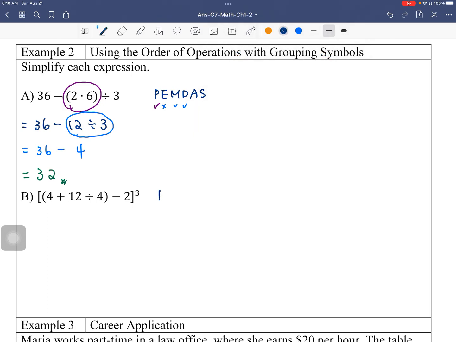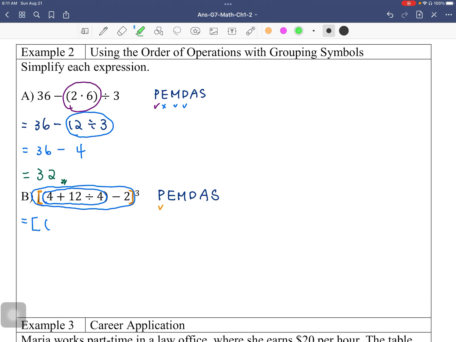Again, question B, PEMDAS. Okay, do I have parentheses? Yes. So I do parentheses first. I have two parentheses here, so I'll do the inside first.